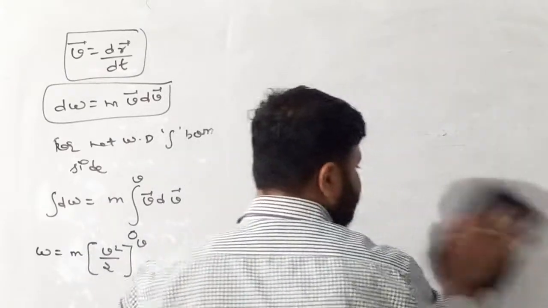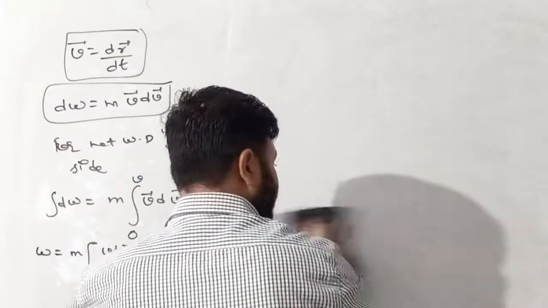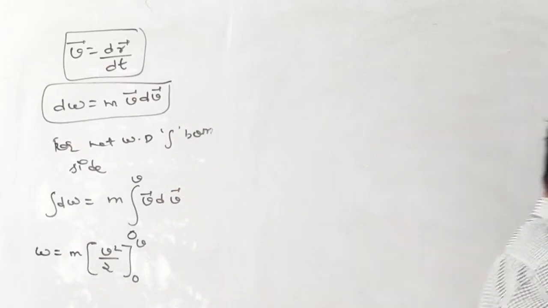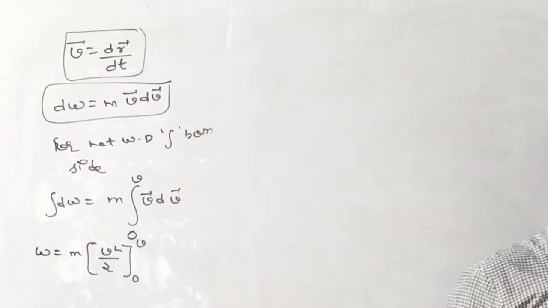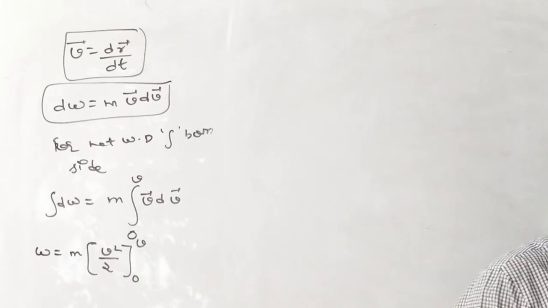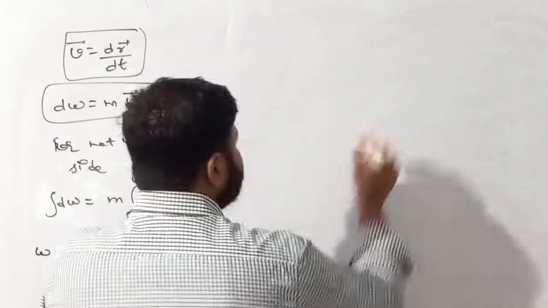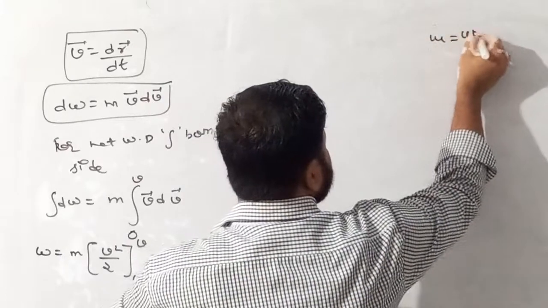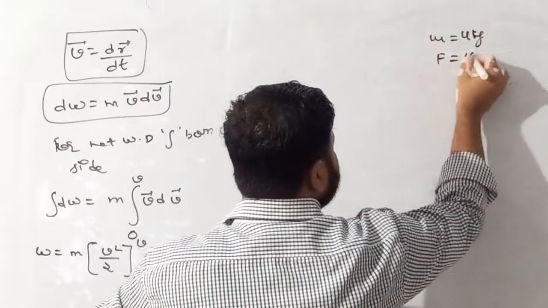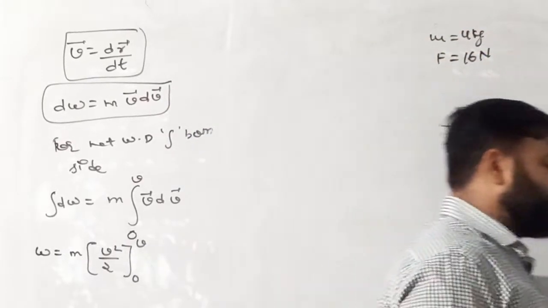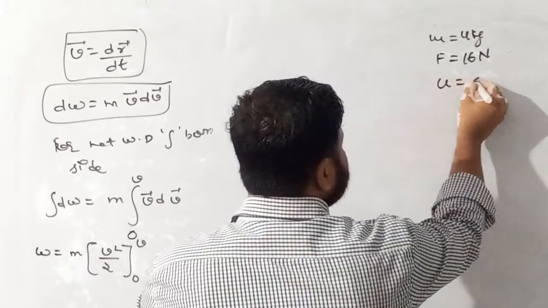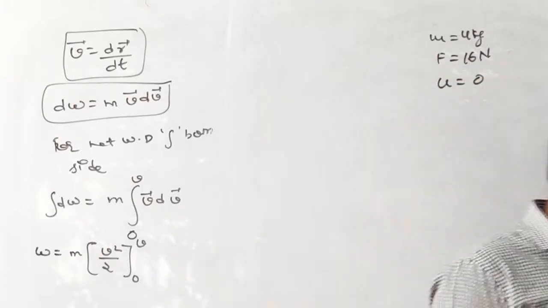So a body of mass 4 kg, initially at rest, is subjected to a force of 16 Newton.